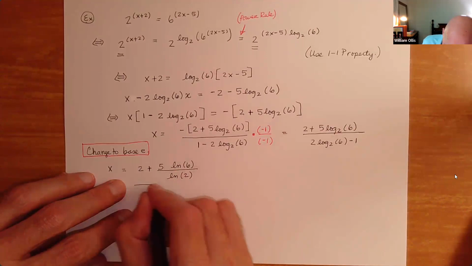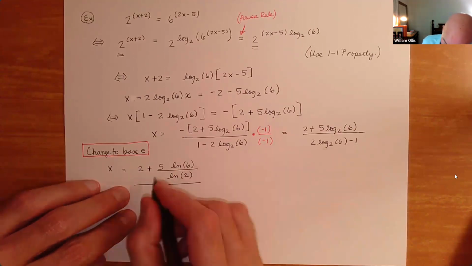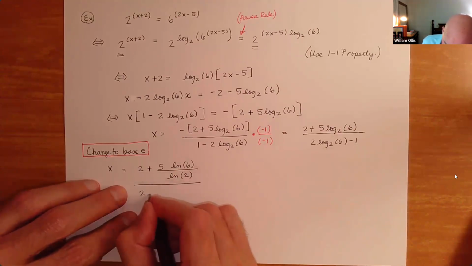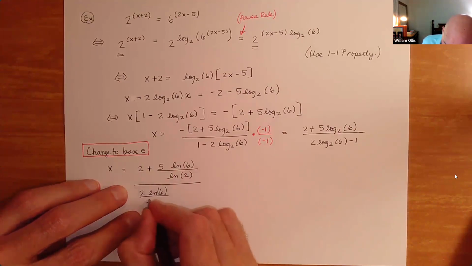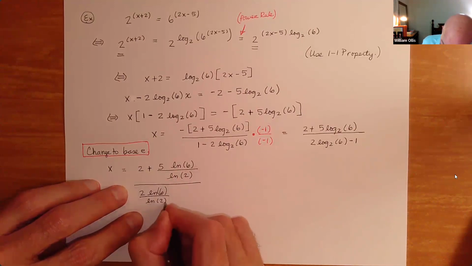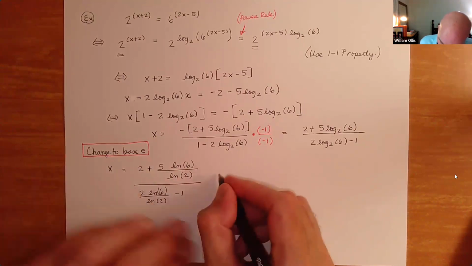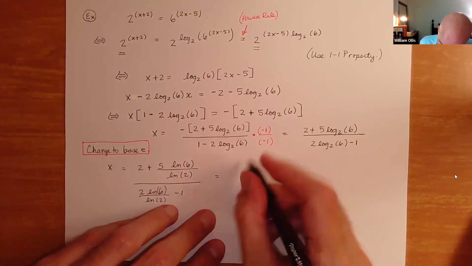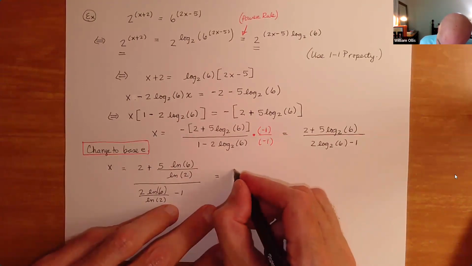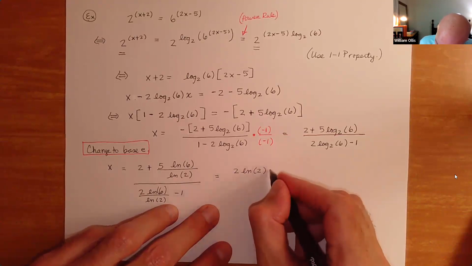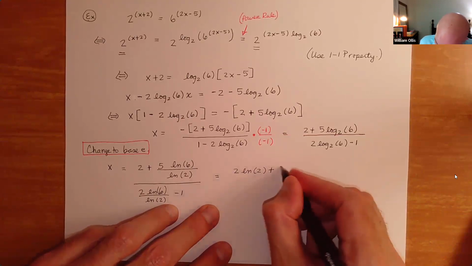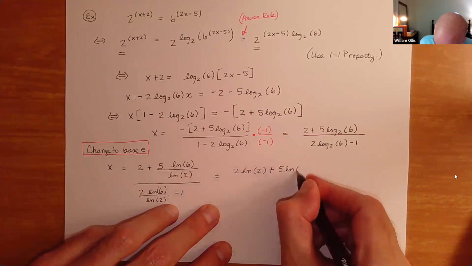And then downstairs, we'll do the same thing. We have 2 ln of 6 divided by ln of 2 minus a 1. Now, of course, we get a common denominator. So we have what? 2 ln 2 plus 5 ln 6.